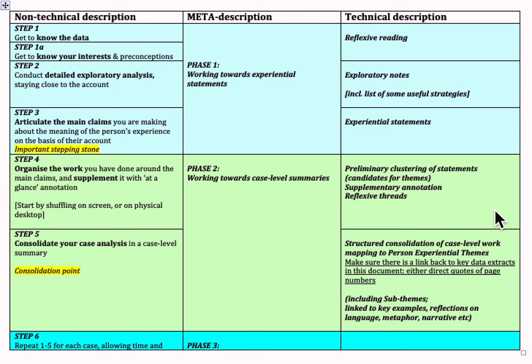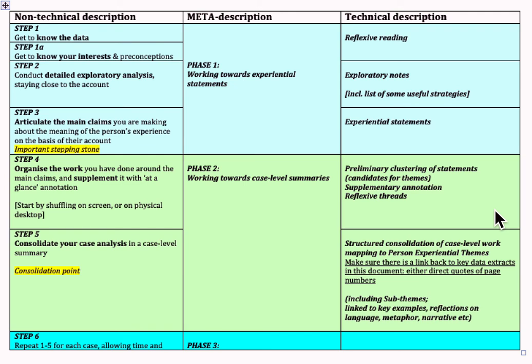So what you can see on screen at the moment are the first two phases. And down the middle column, there's the general sense of what's happening in each phase. So phase one is working with a single transcript towards experiential statements. That's what we're calling the summary statements that you make that bring your exploratory coding together around key meanings for the participant.